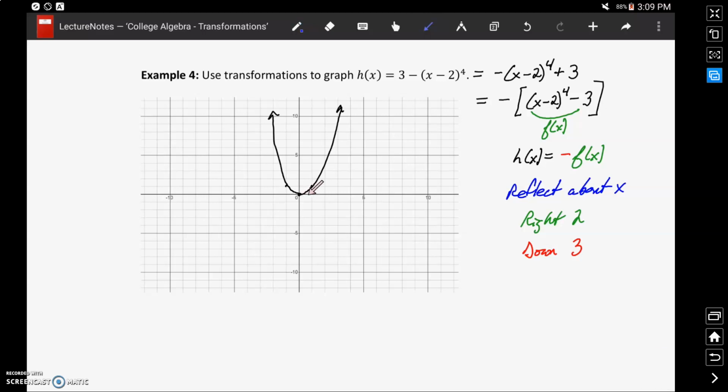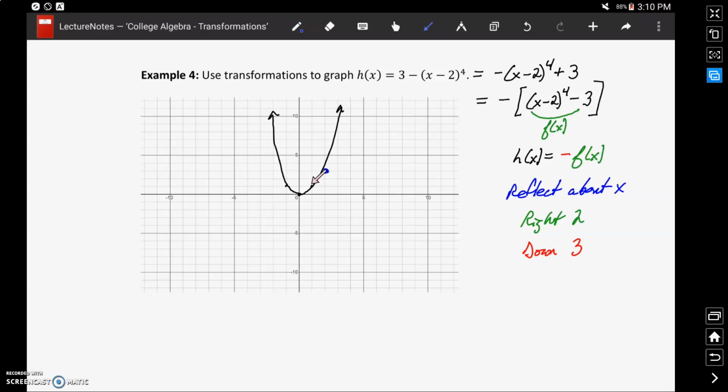So if we look at the origin, it's going to be shifted to the right by 2 units, slide down 3 units, and then be reflected across the x-axis. So we're going to go to the right 2, down 3, and then since we're reflecting about the x-axis, it will actually be 1, 2, 3 units above the x-axis. So this is our point that was 0, 0.